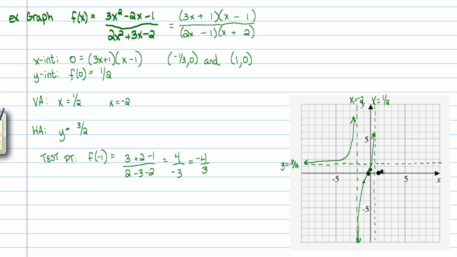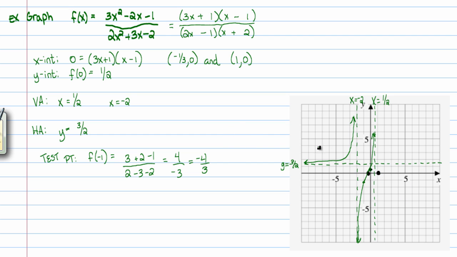My only real choice, I guess I could come from up above and cross through like this, but if I did, so I'm saying I could be doing this, but the fact is that I have a horizontal asymptote that I'm going to tend towards, and the only way to do that is to come back up like this, and that's not going to happen. I don't have an x-intercept.